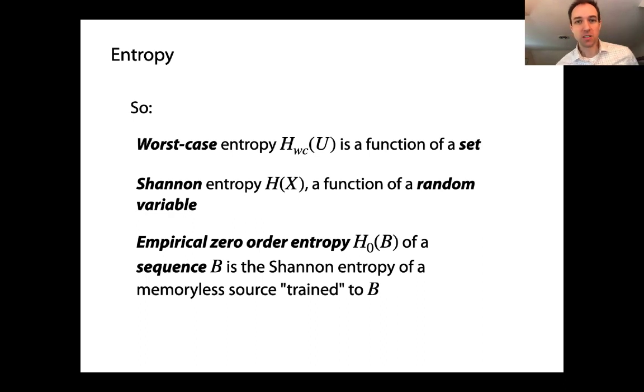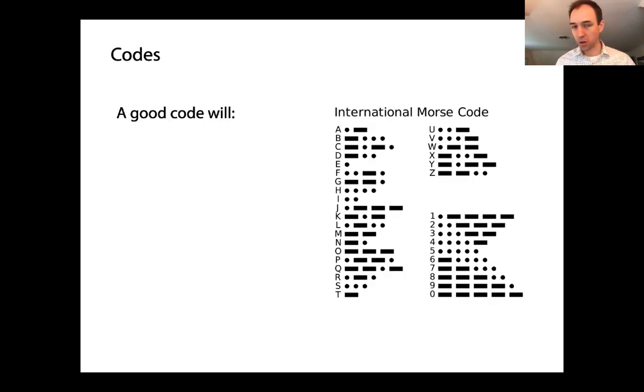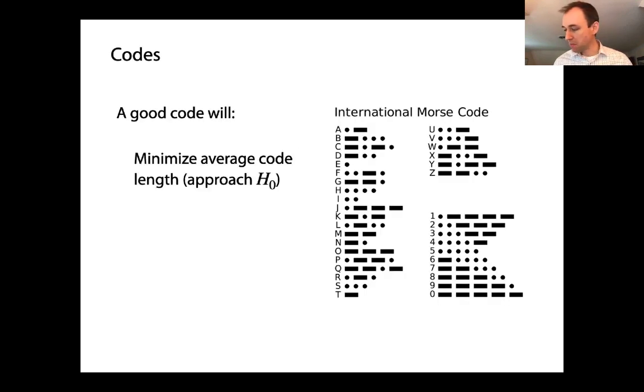We haven't answered the design question of how we actually design a function that goes from symbols in the original alphabet to good codes for those symbols. All right, so what do we want out of a good code? We've already said we want to minimize the average code length, which is to say we want the average code length to approach the zero-order empirical entropy of the string that we're trying to encode.